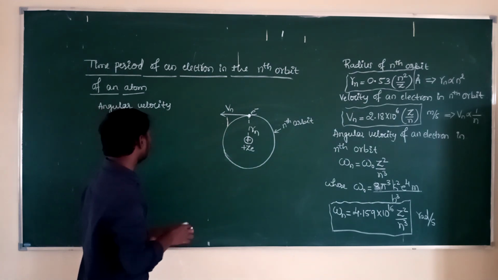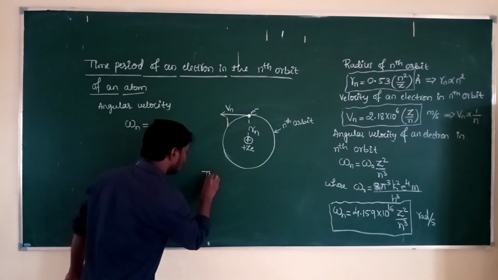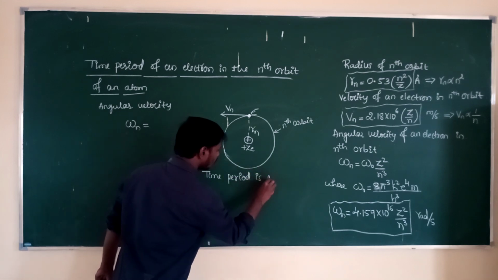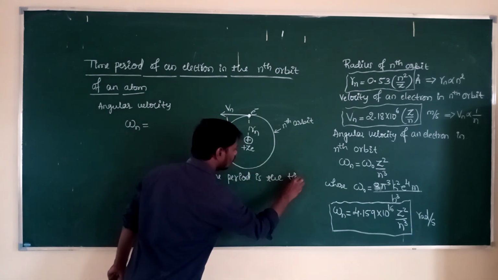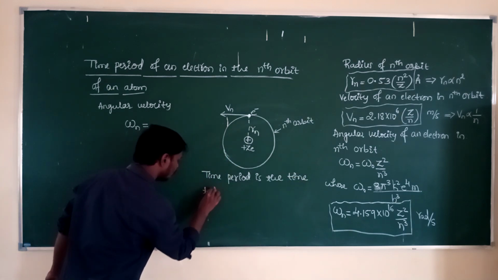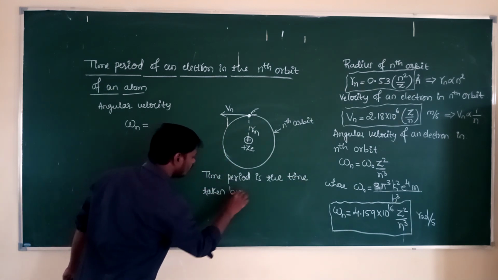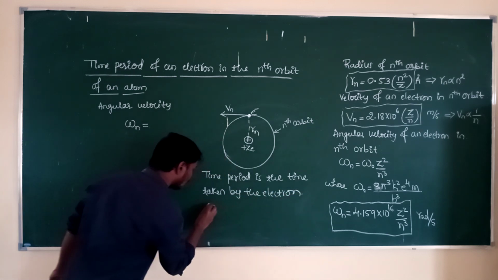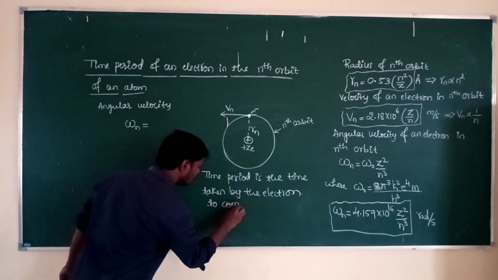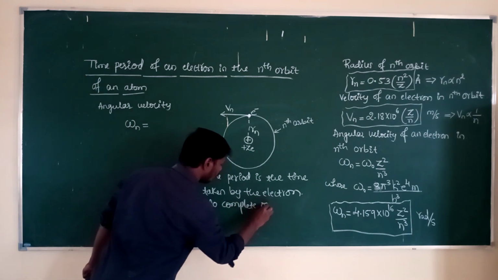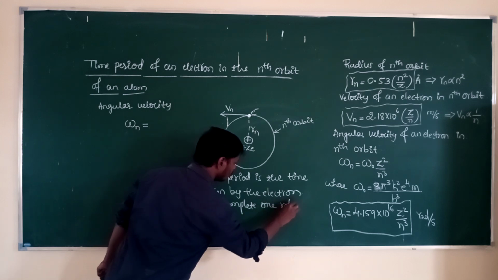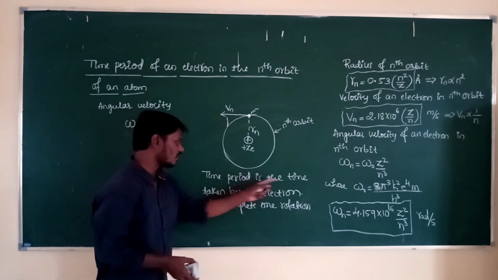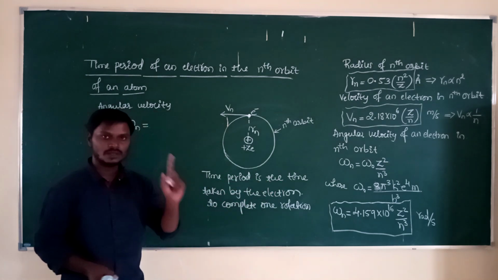So what is time period here? Time period is the time taken by the electron to complete one rotation.